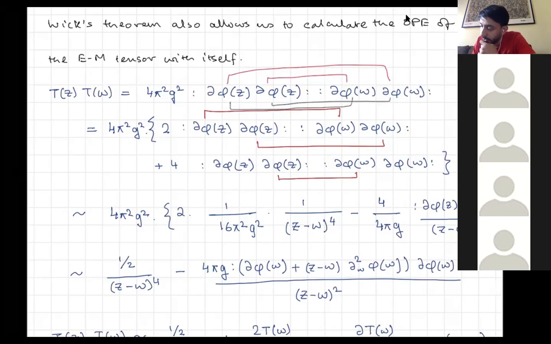These are two ways that you can double contract, which lead you to the same answer. Hence, you have a factor of 2 in front here.